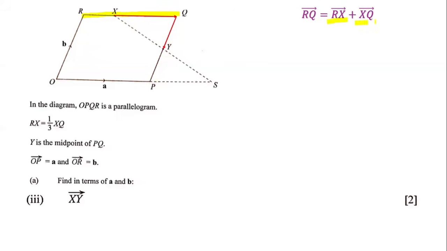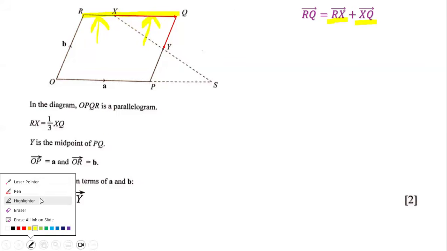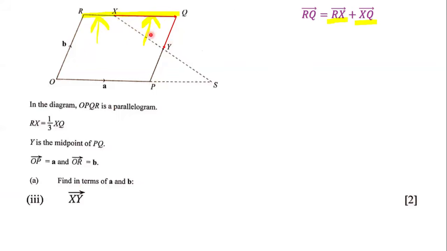RX plus XQ. That makes sense because RQ, this whole thing, is equal to RX, start there, R to X, and then XQ, X to Q. Okay, so that makes sense. So we know that RQ is equal to RX plus XQ.